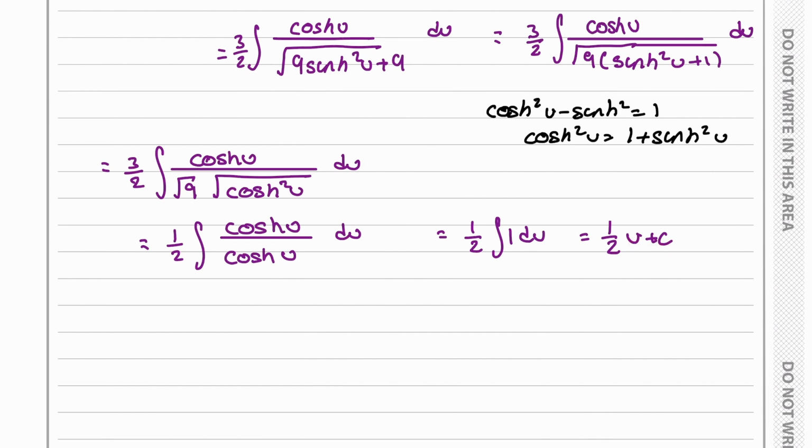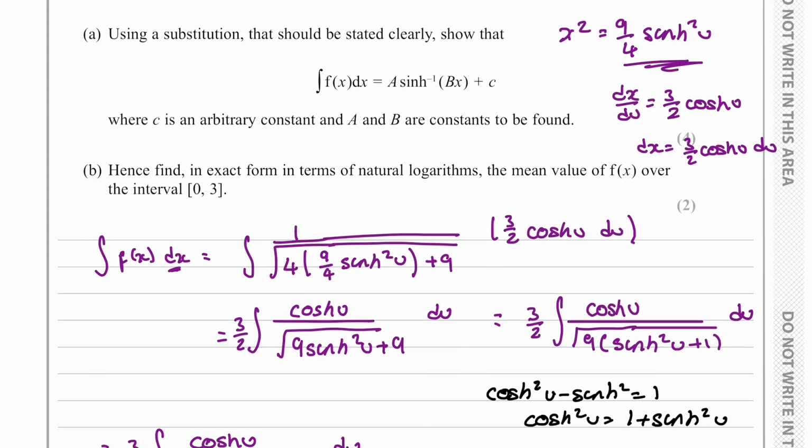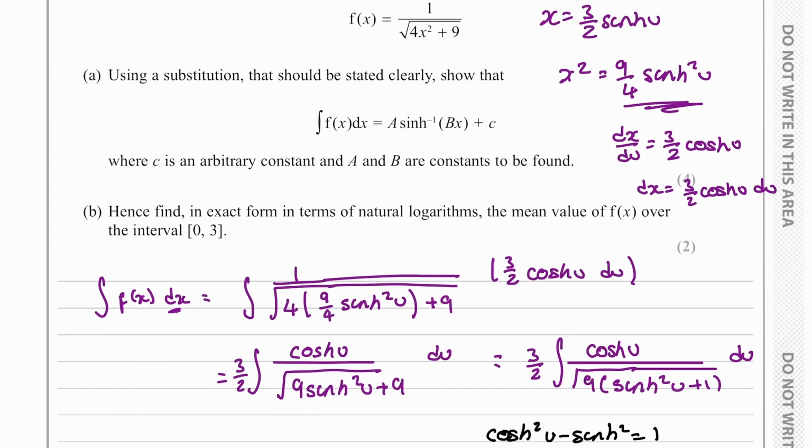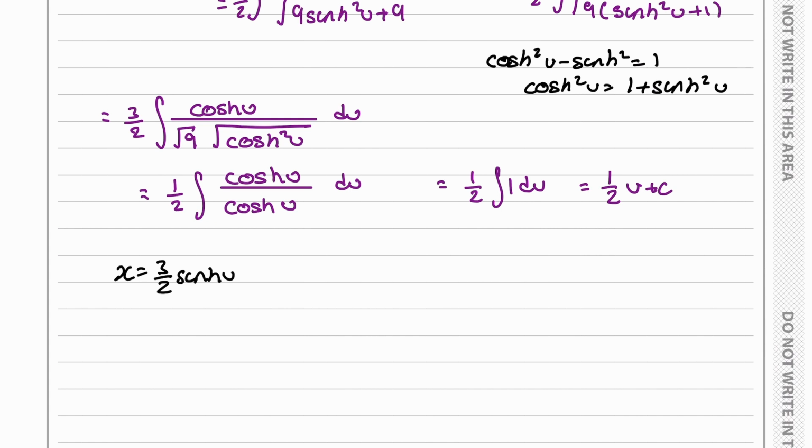So now we need to substitute x back into this u. And we said up here that x is equal to 3 over 2 sine u. So if we take the arcsine of both sides, then u will equal the arcsine of 2x over 3. And we can substitute this into here.